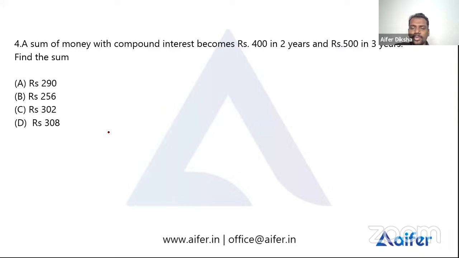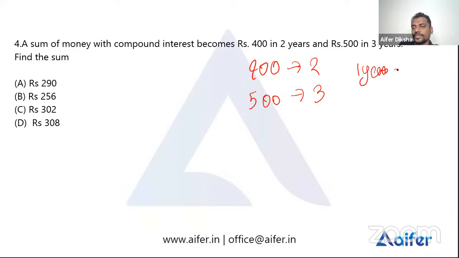Remember, we have 400 in 2 years and 500 in 3 years. So within 1 year, there is an increase of 100. Definitely you can substitute using A equal to, but here, 400 after 2 years, 500 after 3 years, so in 1 year there is an increase of 100.